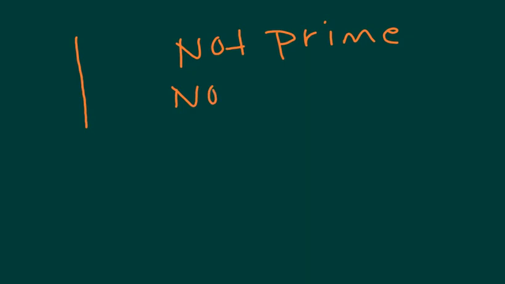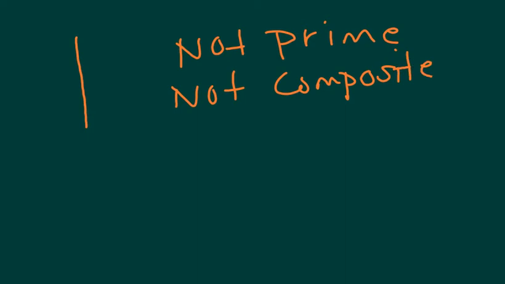Now, did anybody notice that I left an important number off the prime and composite list? Maybe you should stop the video and go back and see which number I left off. I left off the number 1 because 1 is not prime and 1 is not composite.